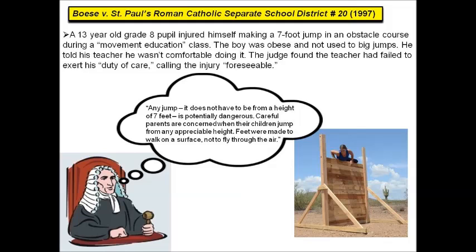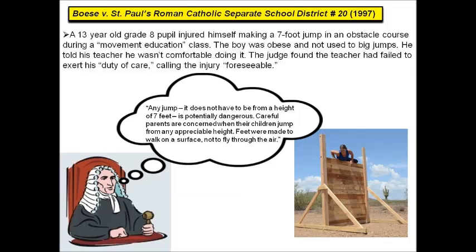I get that from a 7-foot height, but here, in the opinion of the judge, any jump, even from 2 feet, is potentially dangerous. You can see how different judges will rule differently given circumstances or facts. This seems a bit extreme to me.